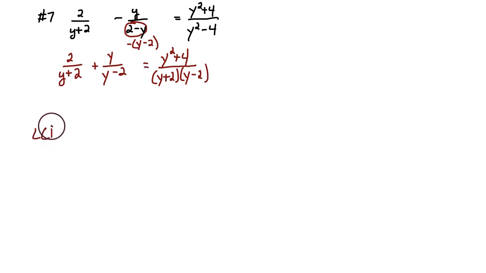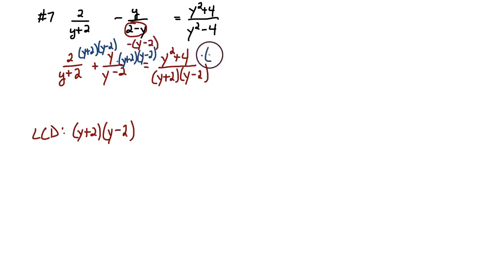Now we can get our LCD. There's a y plus 2 and a y minus 2 in the LCD. Let's multiply everything by that lowest common denominator. Now we can cancel things away.